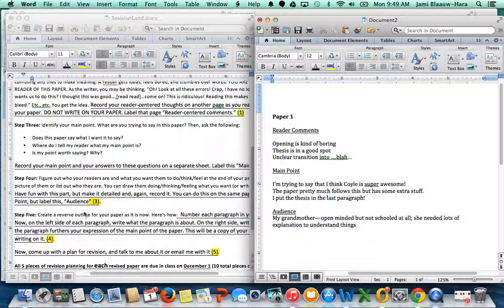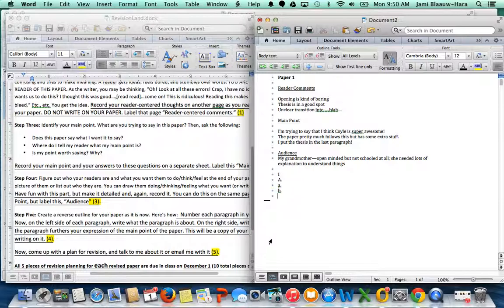And now I'm going to do this reverse outline, right? I'll explain what a reverse outline is, okay? All it is, what we normally think of as an outline, it's like we make an outline like this, right? And it all kind of indents. Let's see if I can make it indent. Oh dear, I screwed that up.